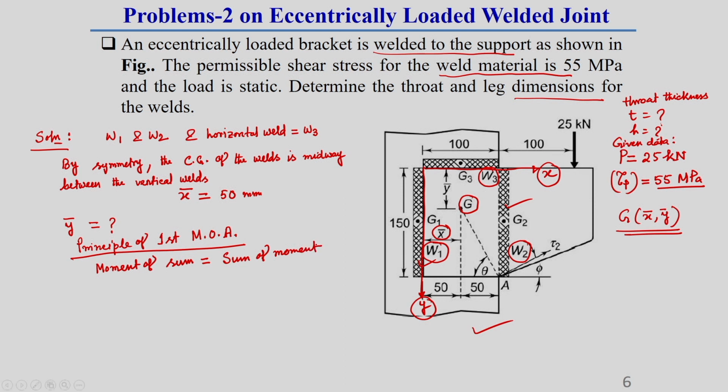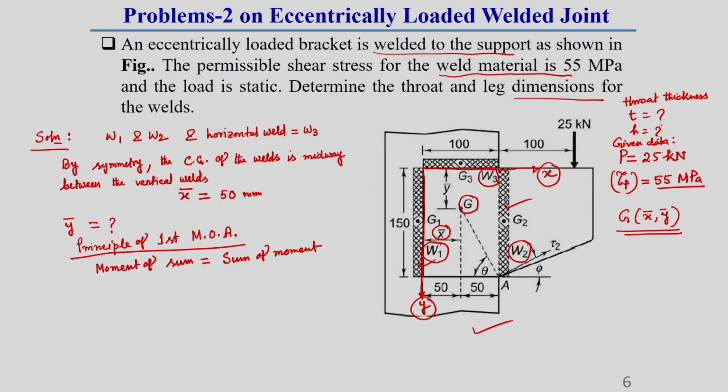This is the principle of first moment of area, and generally we can use this type of principle. Moment of sum means the moment of all welds. For finding y bar, we have to take moment with respect to the x axis, considering the weld has unit length. Initially we are neglecting the throat thickness in comparison with the length of the weld.